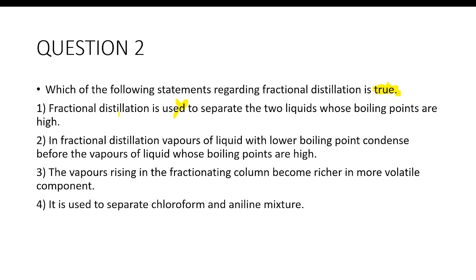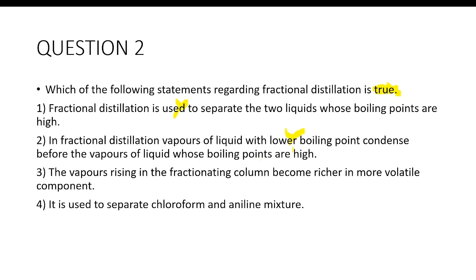Next option: in fractional distillation, vapors of a liquid with a lower boiling point condense before the vapors of a liquid whose boiling point is high. This statement is wrong, because in fractional distillation, vapors of a liquid with a high boiling point condense before the vapors of a liquid whose boiling point is low.